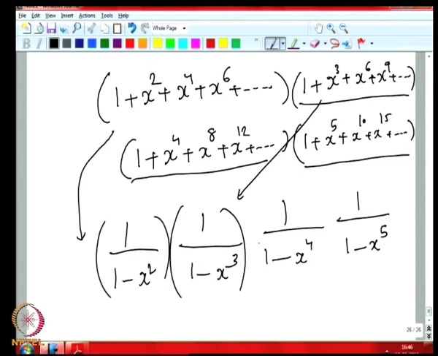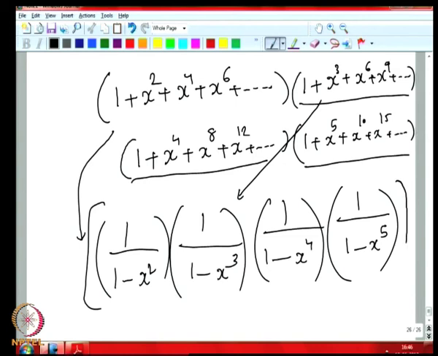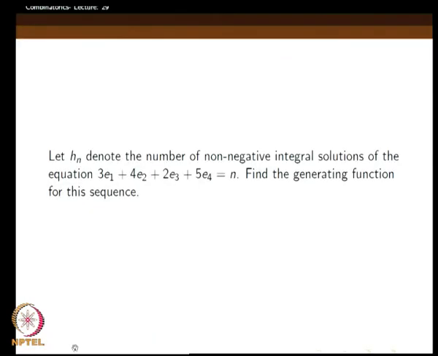Multiply this out, and we have to find the coefficient of x raised to n in the expansion of this if you want to get the answer. You can get it as some complicated sum probably, but we won't try it out here.